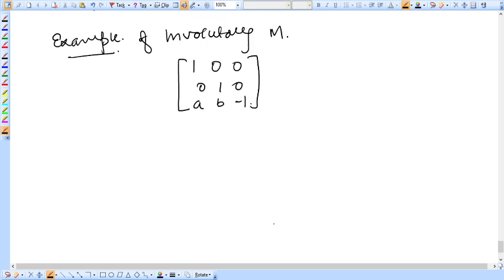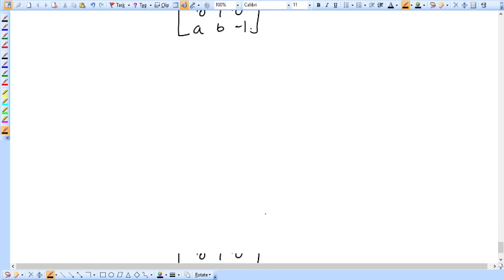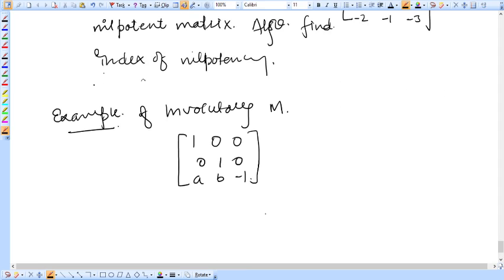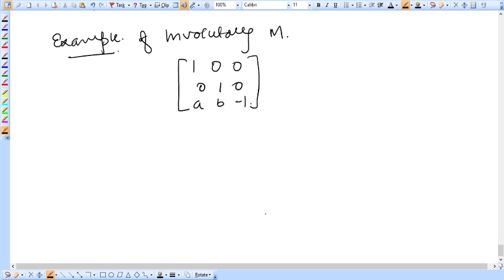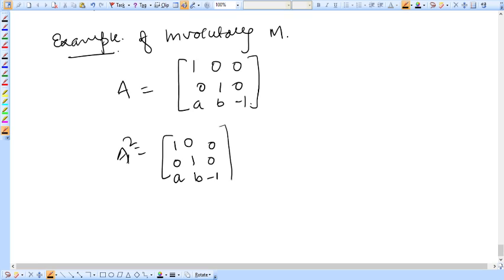If you multiply this matrix with itself, okay, this is your A. Now A square is equal to this matrix times this matrix.